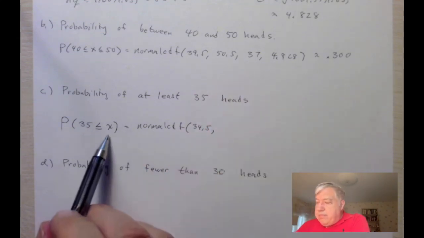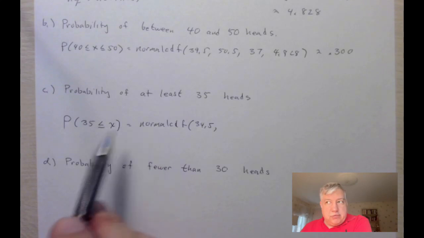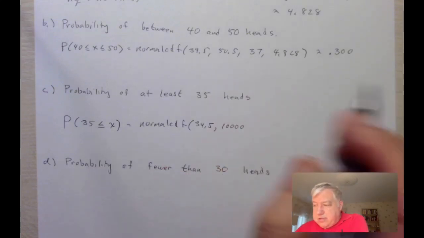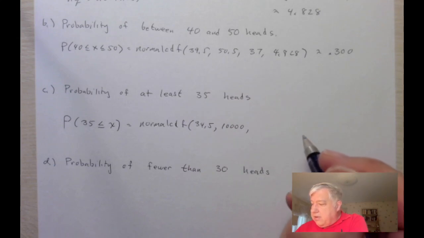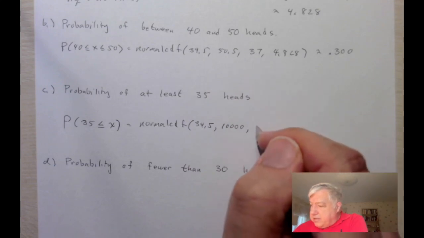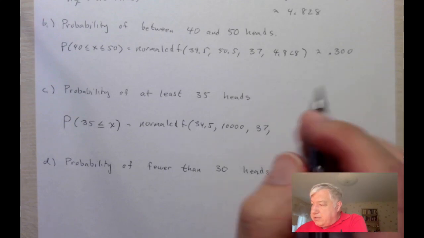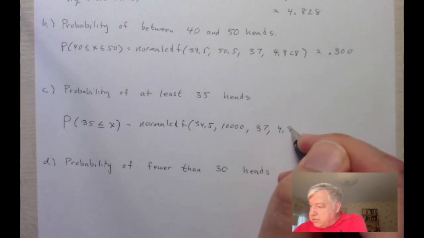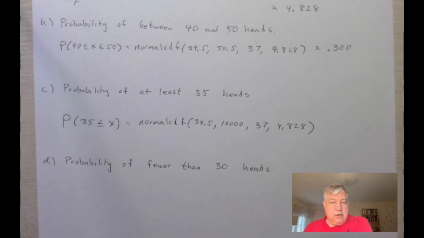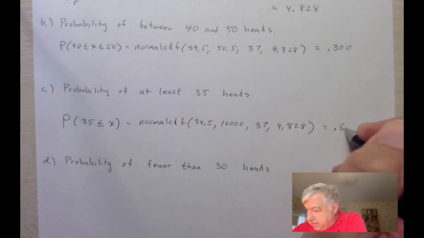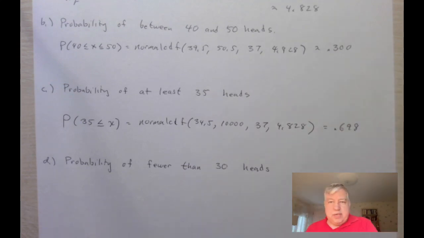And then there is no upper bound, so we just take infinity, which we can take to be 10,000 in this case, if we want. And then the mean is still 37, and the standard deviation is still 4.828. We enter that into our calculator, and we get 0.698, or about 70%.